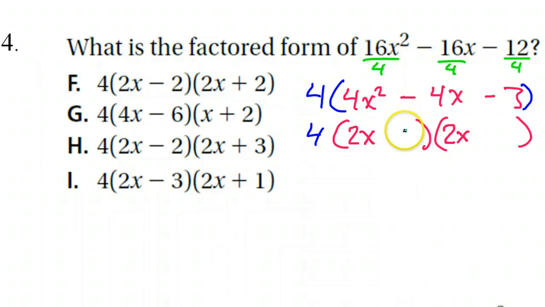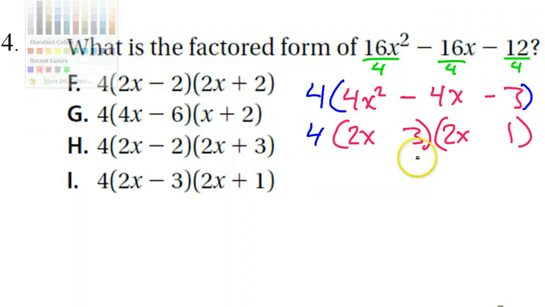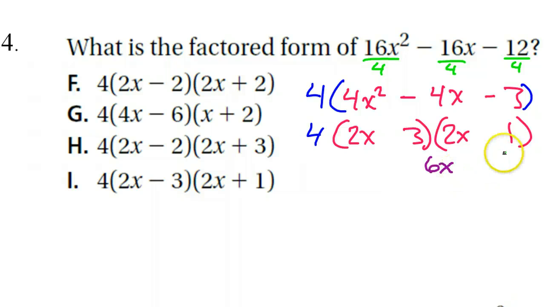If this doesn't work out, we'll try 4x and x. 3 only factors one way. It can only be 1 times 3. So inner plus outer equals middle, people. Inner, I have 6x. Outer, I have 2x. I'm trying to get a middle of negative 4x.